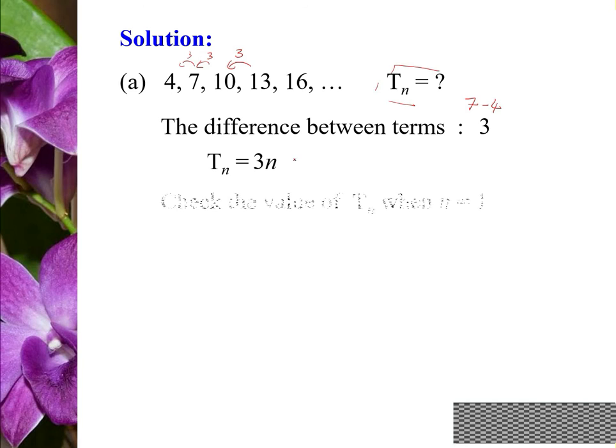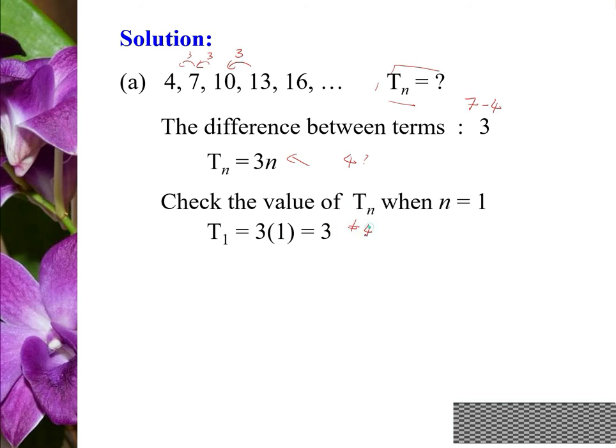But we have to check, is it true if we just substitute in n equal to 1 into this formula? When you substitute in 1 into this formula that we have just derived, we found that our first term is 3. It's not equal to 4, which is our first term given in the sequence. So to correct this error, what's the difference between 3 and 4? The difference is 1.